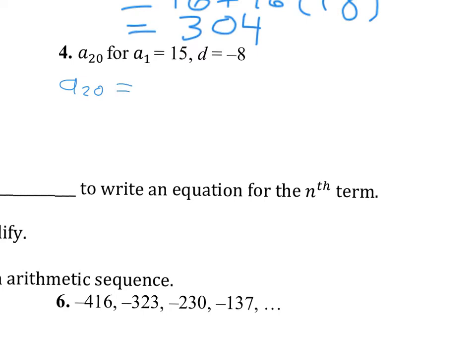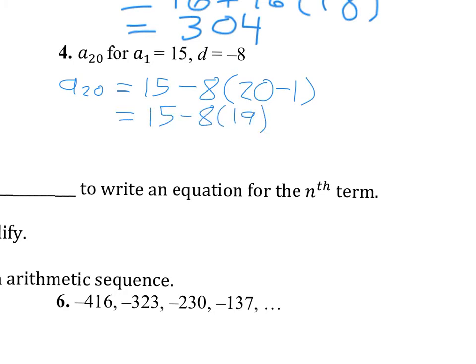An equals A1 plus D times n minus 1. Negative 137.